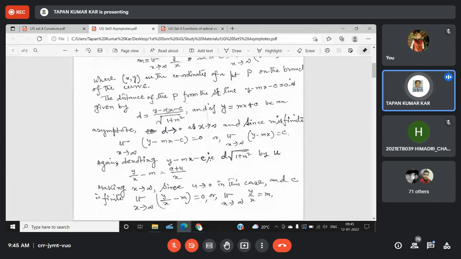So y minus mx minus c equal to d into root over of 1 plus m square. If you consider d into root over of 1 plus m square equal to u, then y minus mx minus c equal to u.